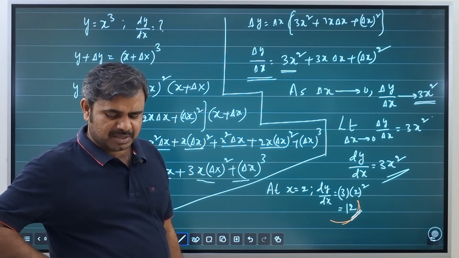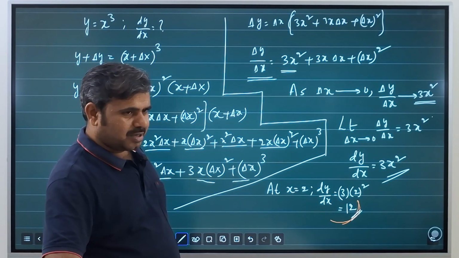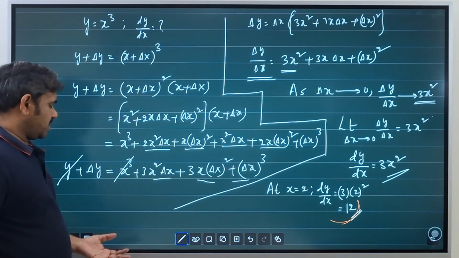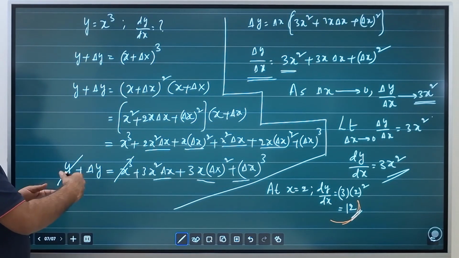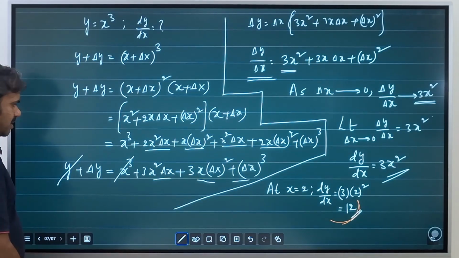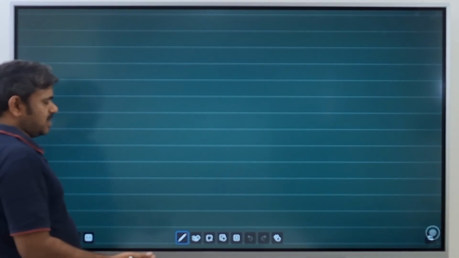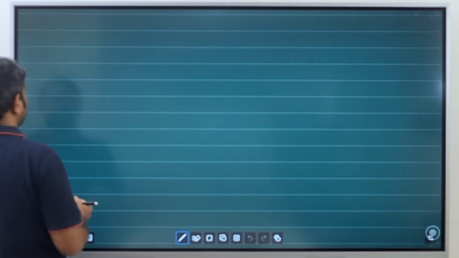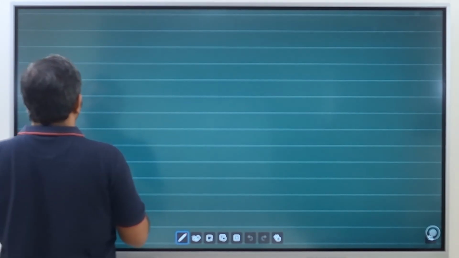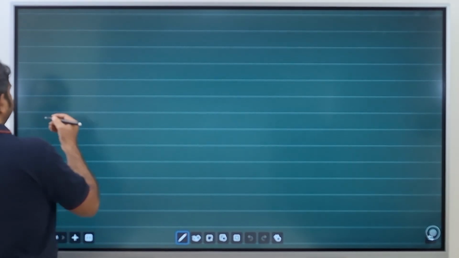That's what it simply means. So like this we can find dy by dx for some functions. Not only algebraic functions, we can also find dy by dx for other functions as well. Okay. Here, let's discuss few more.